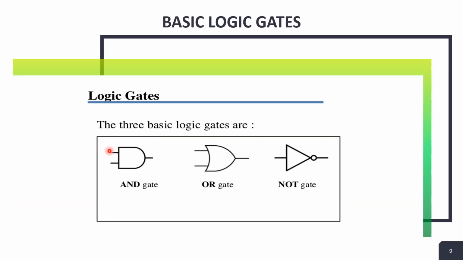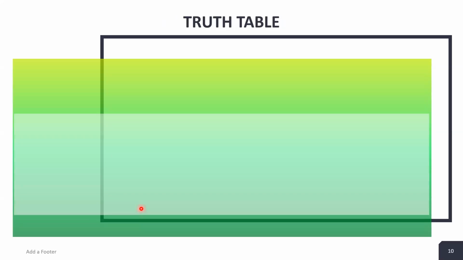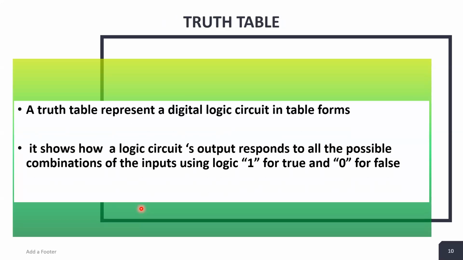Suppose this one is 1, if this one is 1, then look at the circuit. If this one is 0, then look at the circuit. When both are 0, then look at the circuit. Clear? So we use the possible combinations of the inputs to make a truth table.